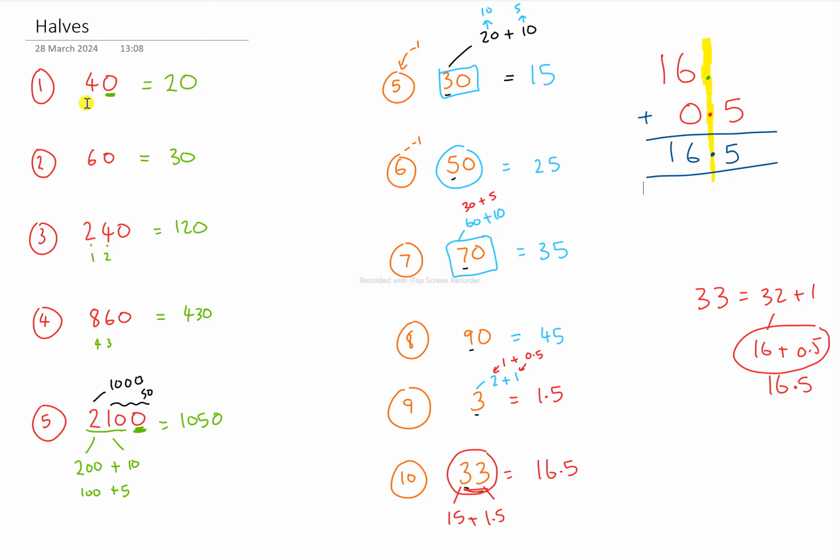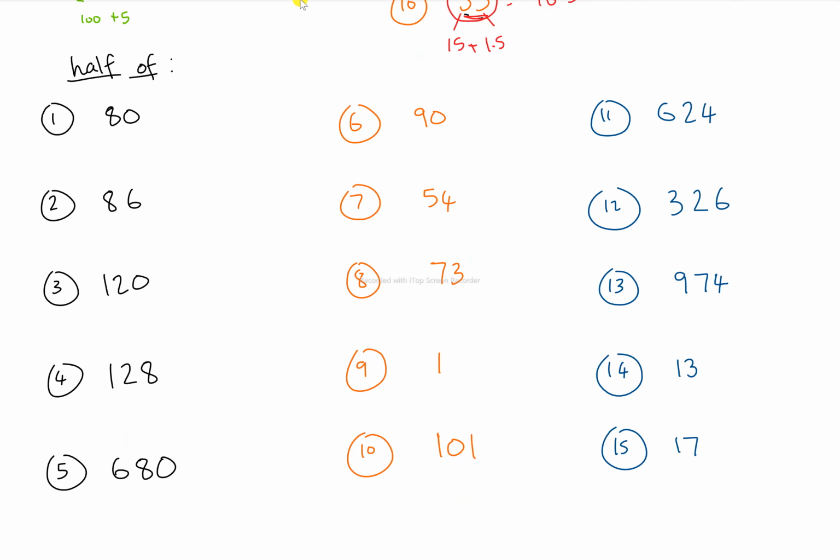Right, okay, so I'm going to give you a set of these to do in a second. Just bear with me. Right, so you want to give these a bash. These last two, just think about those. If you need to, don't be afraid, but do it quickly using the bus shelter. So if I wanted half of 23, put 23 there.